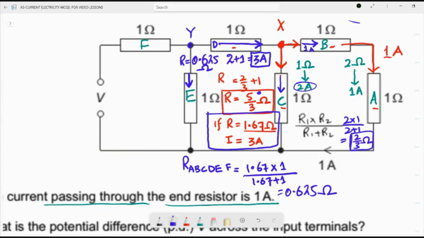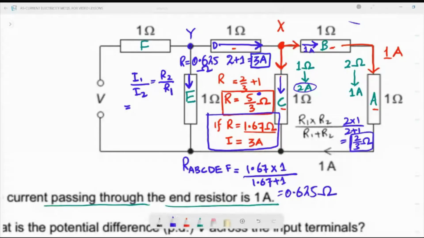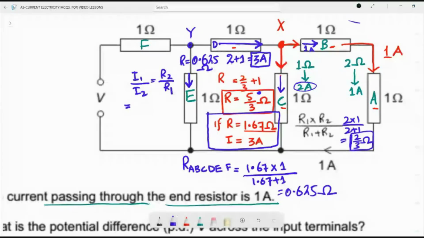Again I can calculate it this way: I1 divided by I2 equals R2 divided by R1. I1 is 3 ampere, I2 is unknown, I have to calculate it.